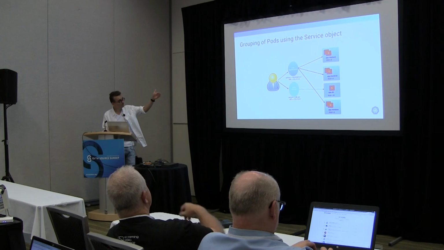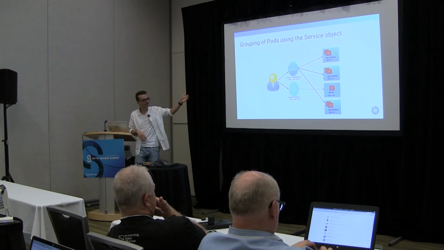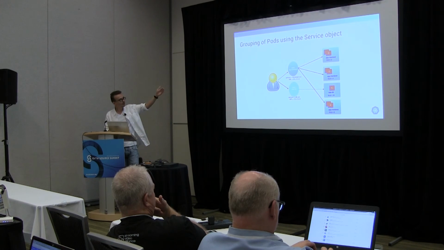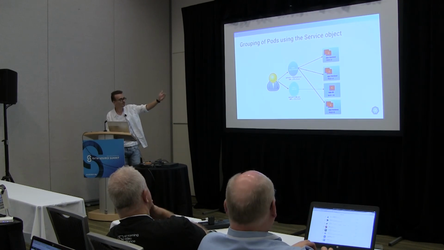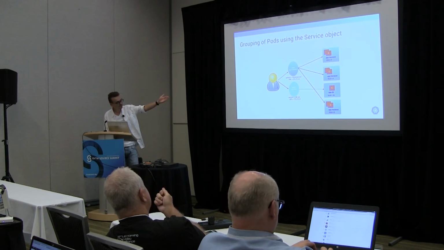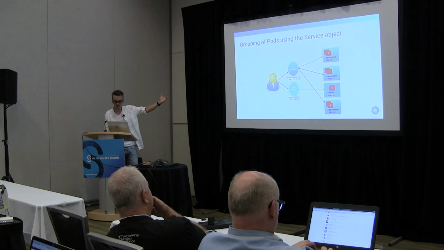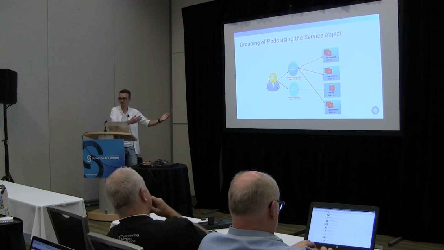So again, we have different label selectors here. First of all, we have an operator, a user that interacts with them. We have the label definition front end. We have the label definition database that have different virtual IPs that are specifically dedicated to these services. And these services are interacting with pods that are deployed, let's say, in a Kubernetes backend.